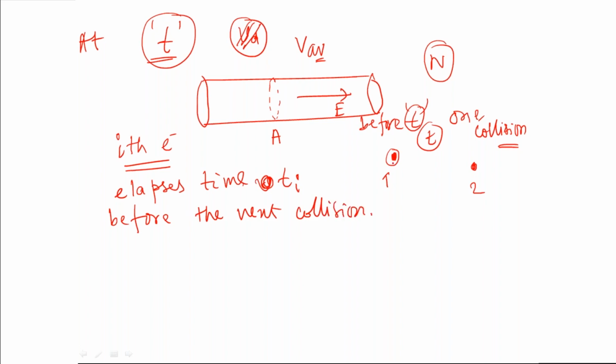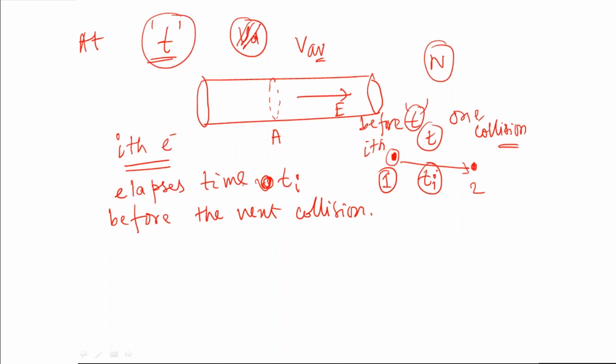What I'm trying to say is that this collision, collision 1, has already occurred. Just before the next collision happens, the ith electron had passed time ti. Now I have already applied the electric field.